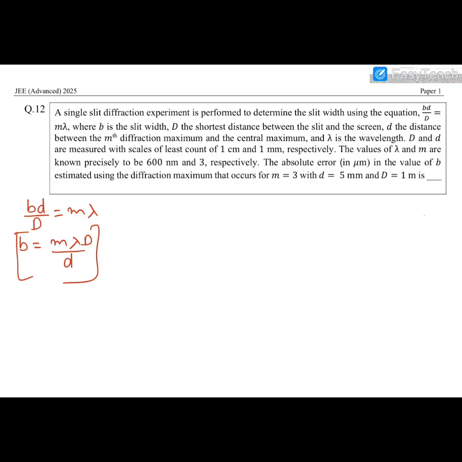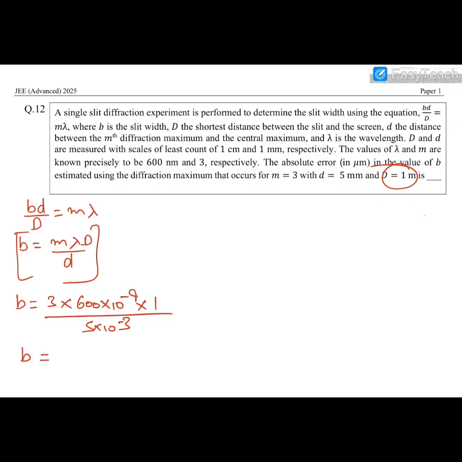So you can see that if we substitute the values of m, lambda and D, then m is 3, lambda is 600 nanometer, which is 600 into 10 to the power minus 9, and capital D is 1 meter, and small d is given as 5 mm. So this is 5 into 10 raised to the power minus 3.